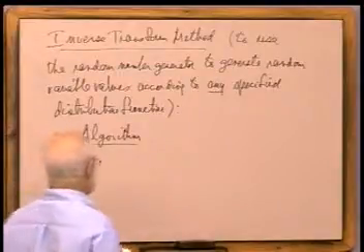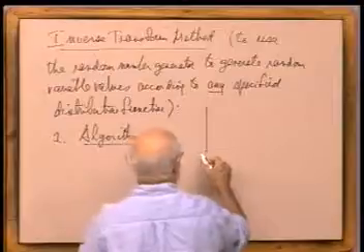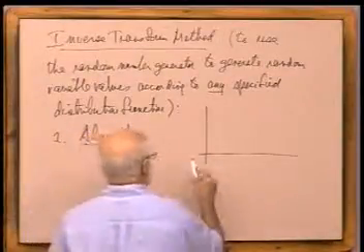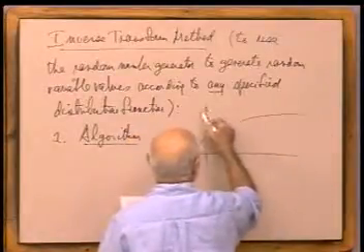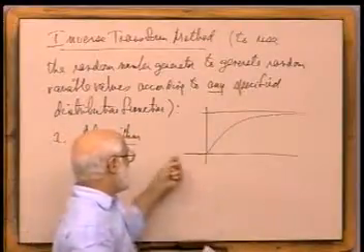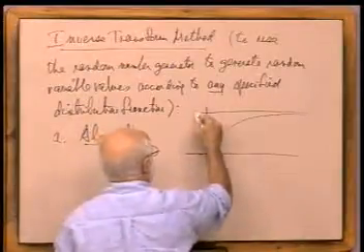The algorithm says this. I'm going to illustrate it with a picture. So I have a distribution function, so I have to draw one, so let me make it look like an exponential. Remember, any distribution function has the property that it starts at 0, it ends at 1, and it never oscillates.